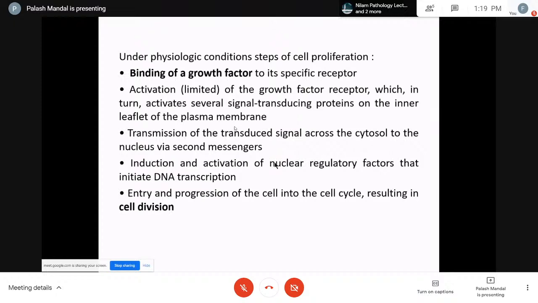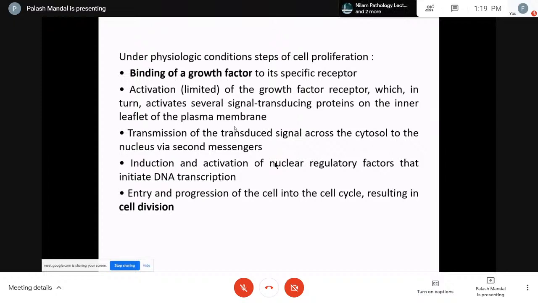This growth factor receptor activates some signal transducing proteins present in the inner leaflet of the plasma membrane. As I told you, the growth factor receptor is an elongated structure and it has two ends. Signal transducing proteins do not have two ends; it is the growth factor receptor which has two ends. The upper end protrudes outside the cell membrane, where the attachment of these growth factors takes place, and the inner part gives attachment to some other proteins.